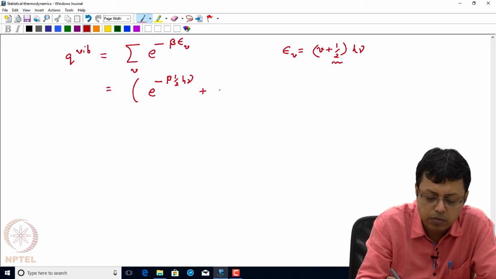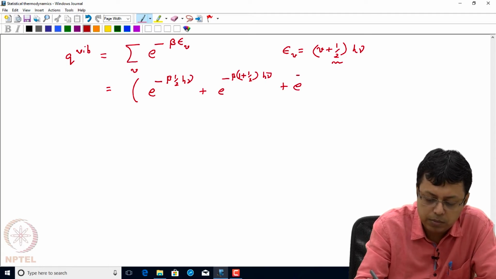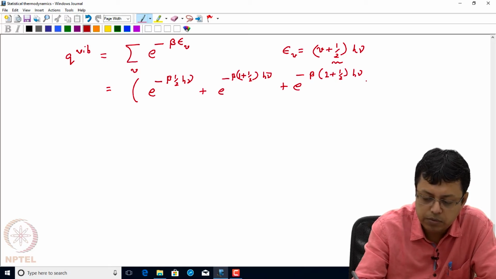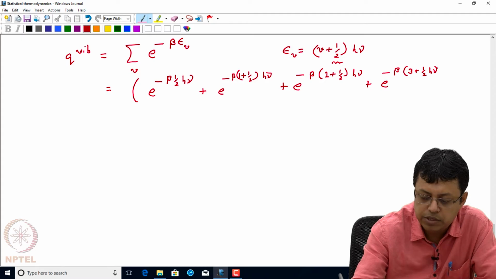The second one will be e to the power minus beta, 1 plus half h nu, I'm just writing it as 1 plus half, not 3 by 2. The third one will be e to the power minus beta, 2 plus half h nu. So that way we'll have the sum, then 3 plus half h nu.